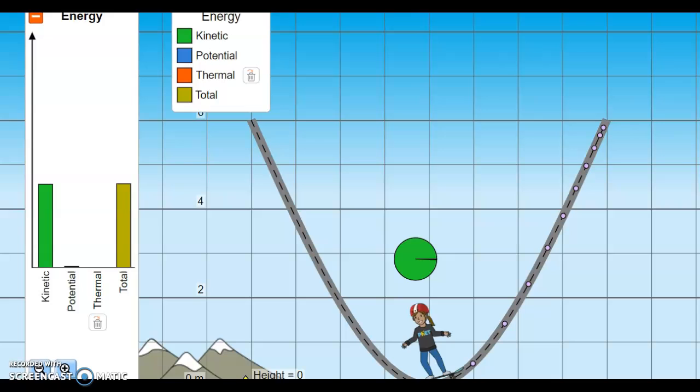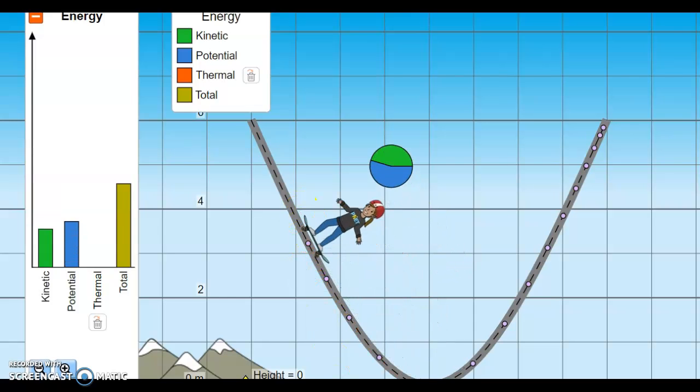As she reaches this part here, all the blue in here from the start, which is potential, is now totally converted to kinetic energy. And observe what will happen to the potential or kinetic energy of the girl as she goes up again on the track. Observe.